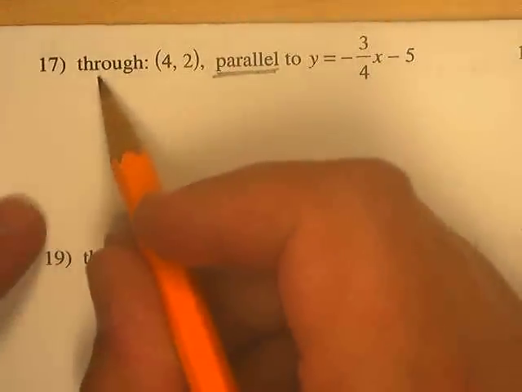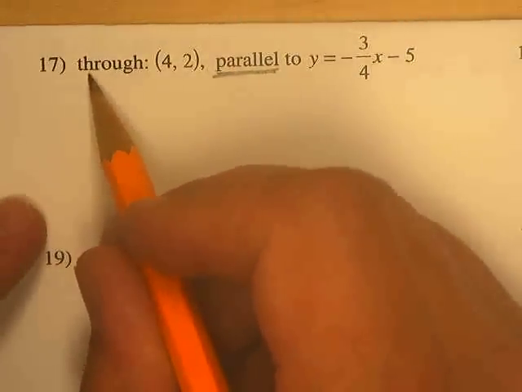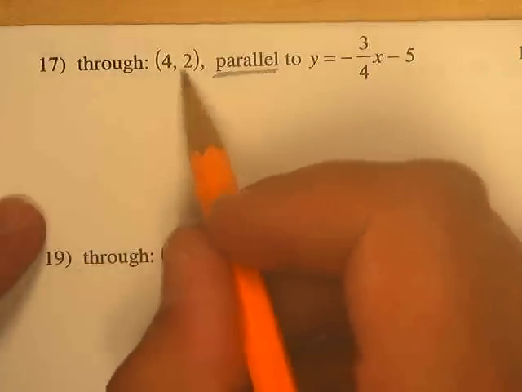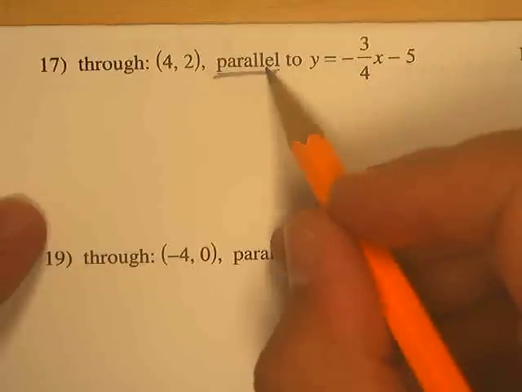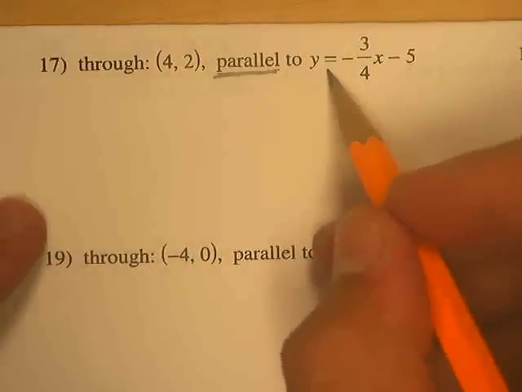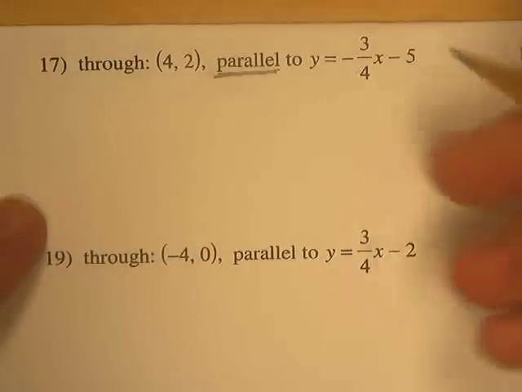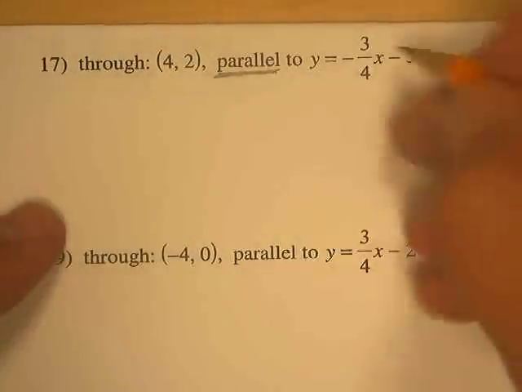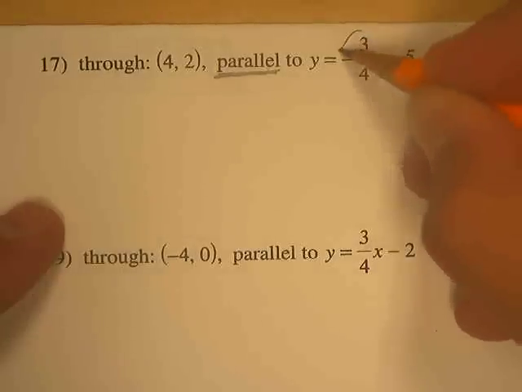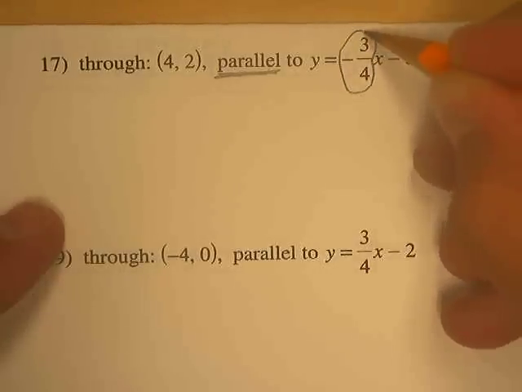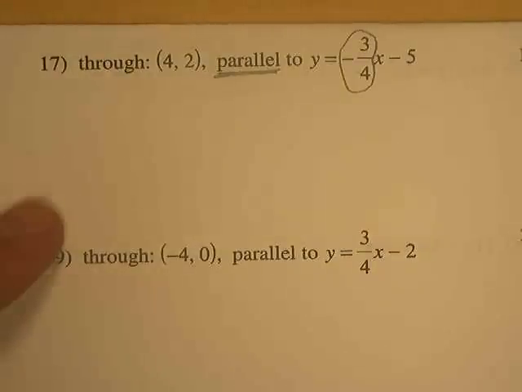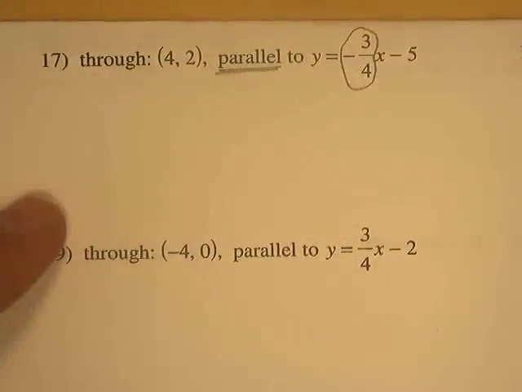Let's look at this one right here. My mistake. So we're going to go through the point (4, 2) parallel to the equation y equals negative 3/4 x minus 5. Parallel to means it has the same slope. So the slope here is negative 3/4.